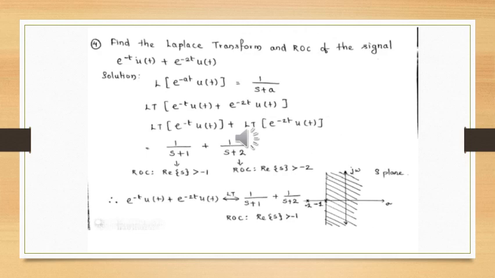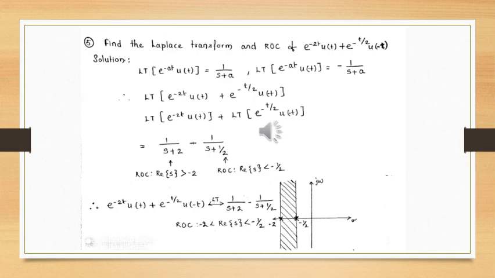Again, draw a line passing through it, and the shaded region is again towards right side. Now, the common region of these two signals should be considered as the ROC of both the signals together. So we know that the common region for these two terms is starting from minus 1 towards right side. So we have ROC as real of s greater than minus 1.